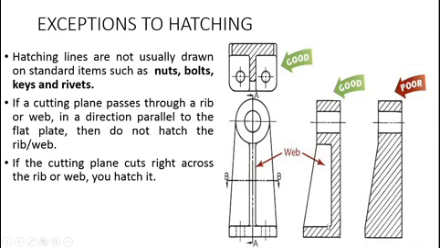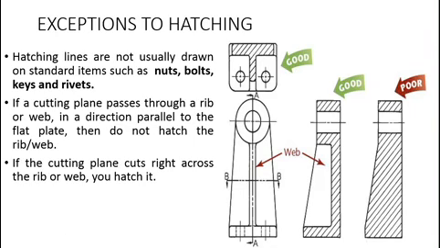As shown here, please do not section this part because it is a rib or a web. The parts we have to section are the ones that are not the web or a rib.